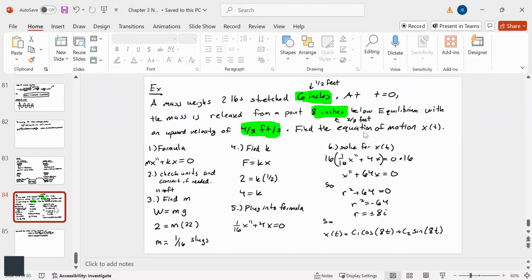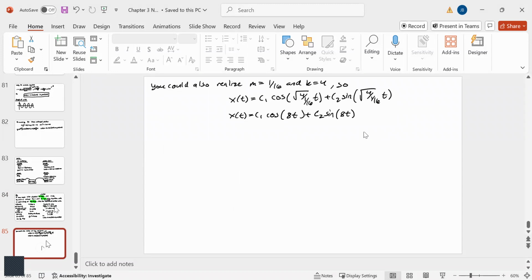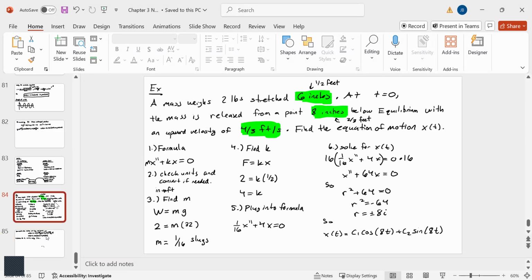So we have solved the differential equation, and step 7 is solve for C1 and C2 using initial conditions. And so what are the initial conditions? Well, unlike previous problems, these are not going to be super obvious like they're numerical. Usually they'll say them in words. So what words are we looking for?